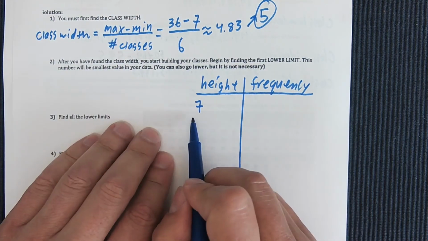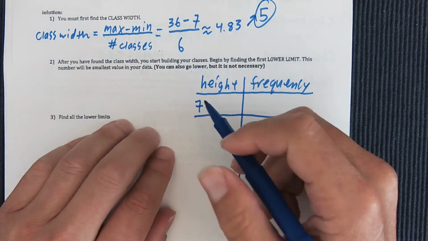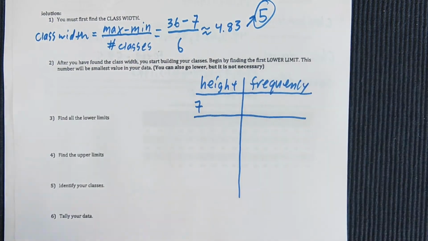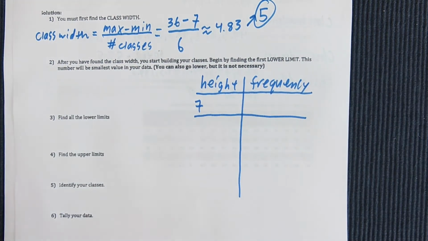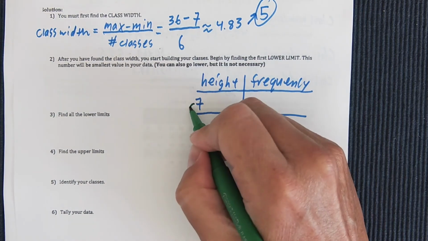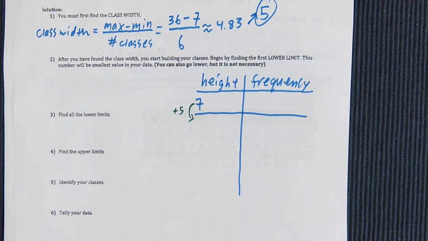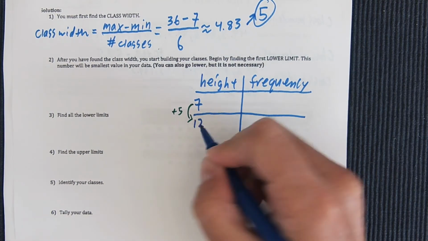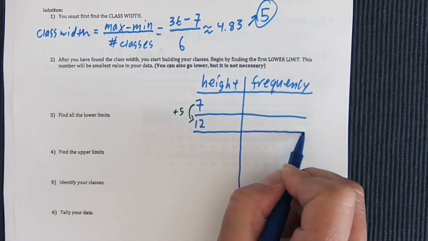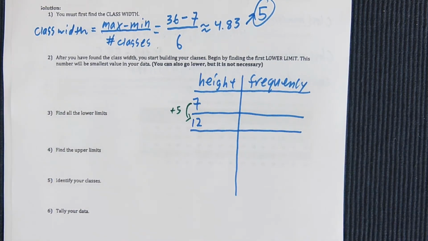This is one class. Next up, what I'm going to do is add 5, my class width. So that's going to be 12. And then I'm going to add 5 again.